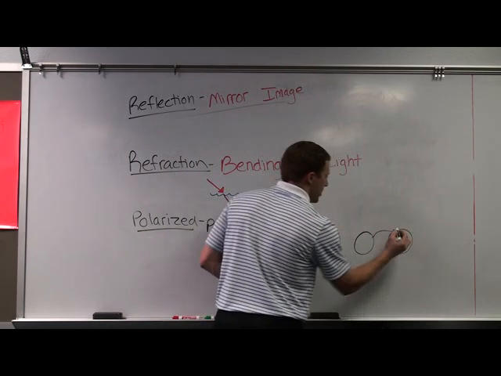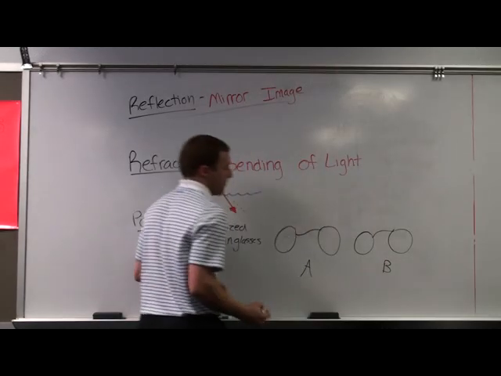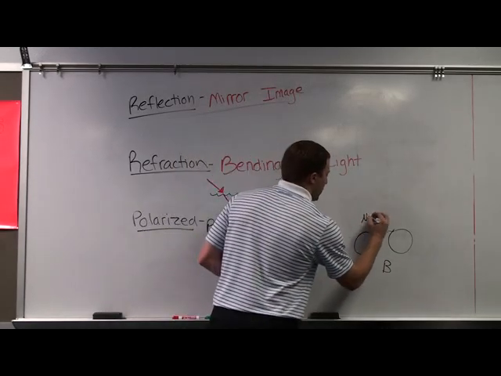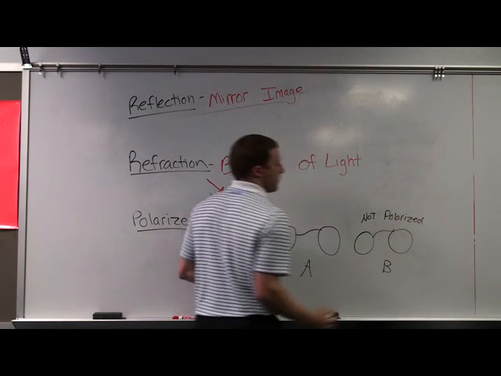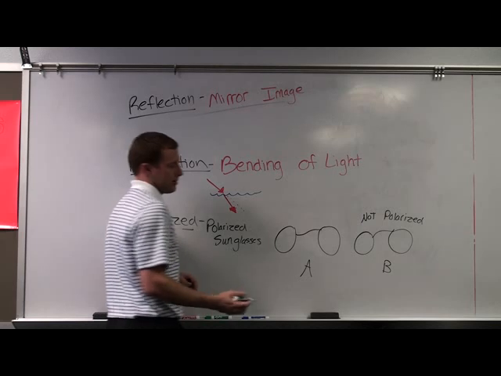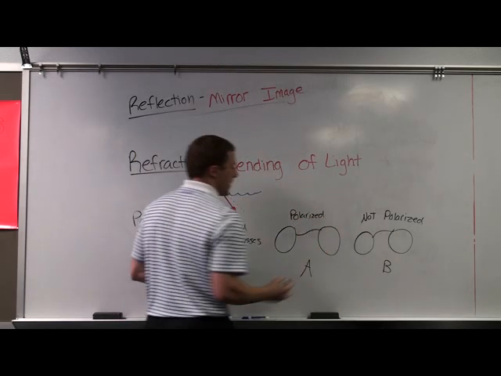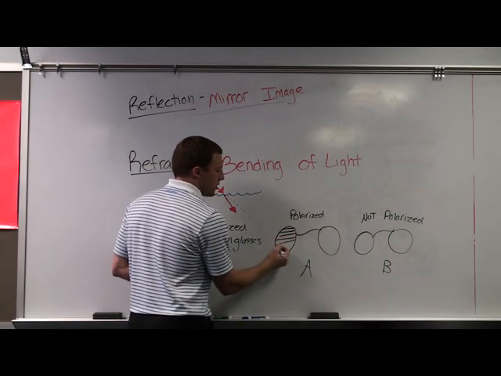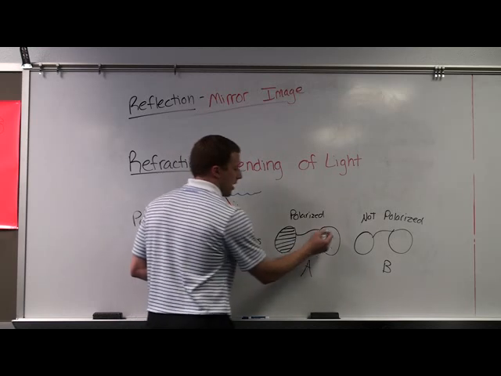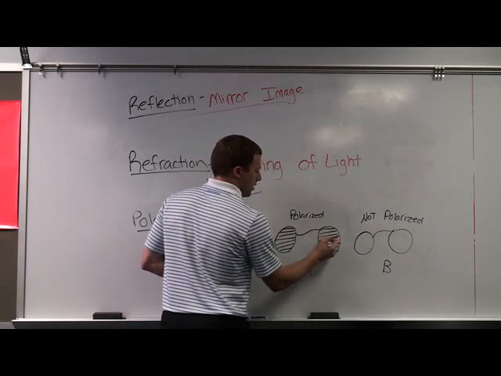So if we have two pairs of sunglasses, sunglasses A and sunglasses B, B is not polarized. A is polarized. And what A looks like is on the lenses, it has tiny little lines that you cannot see whenever you're normally looking at it.